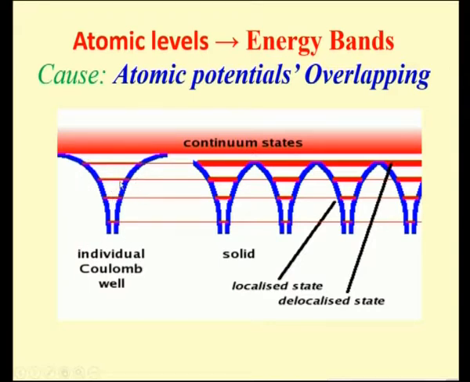When such atoms are brought together, we have overlapping of potential which gives rise to quantum tunneling and overlapping of electronic energy levels or energy orbitals, giving rise to energy bands as schematically mentioned here.